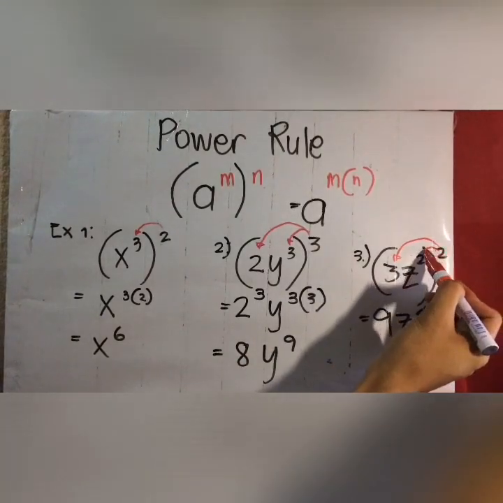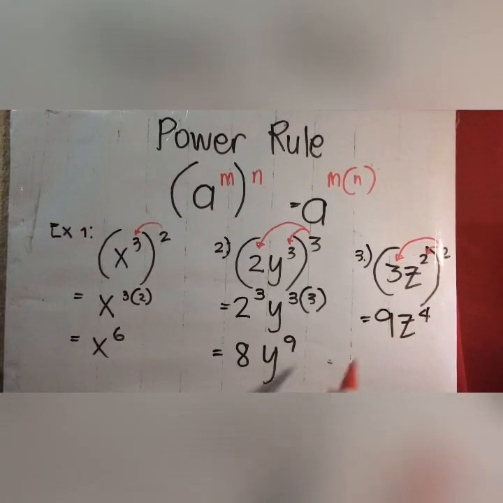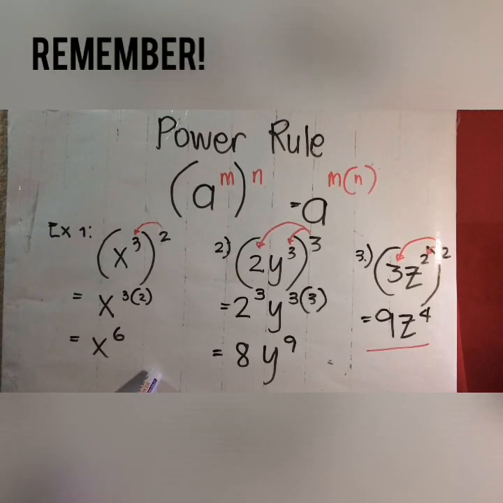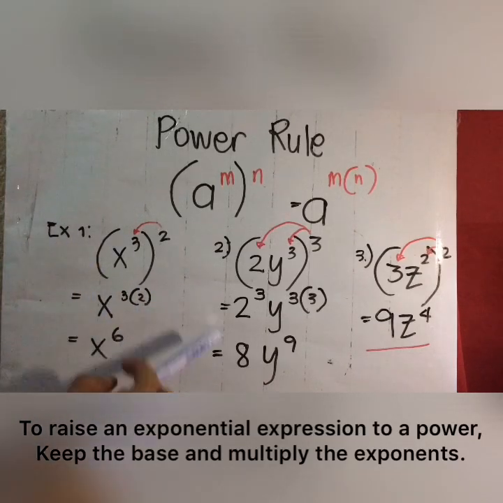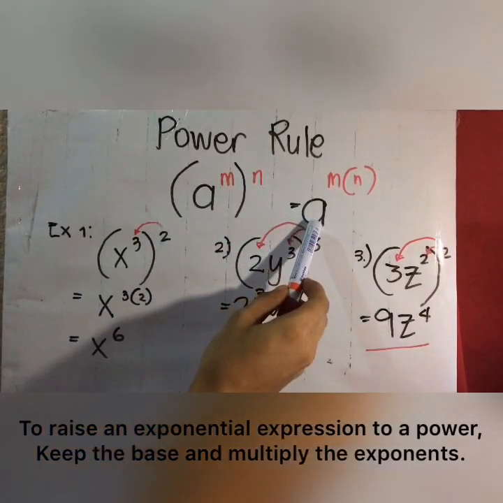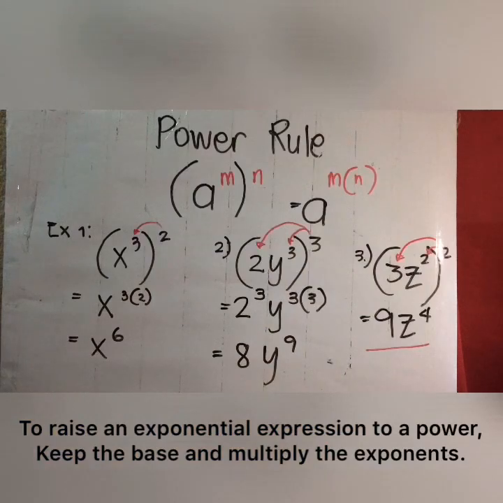Distribute 2 to the exponent of z, so 2 times 2 makes 4, and that becomes 9z to the power of 4. So that talks about the power rule. Remember, to raise an exponential expression to a power, you have to keep the base and multiply the exponents.